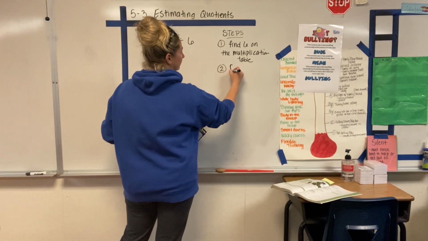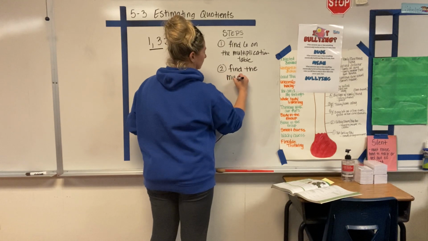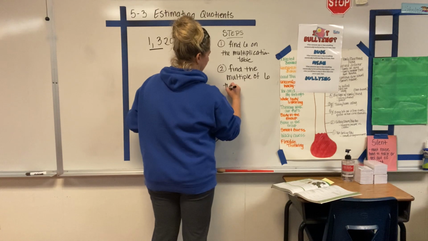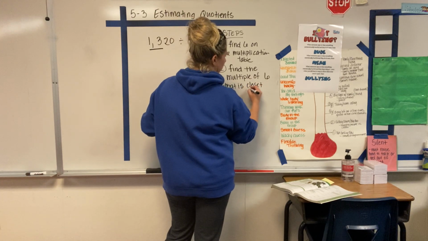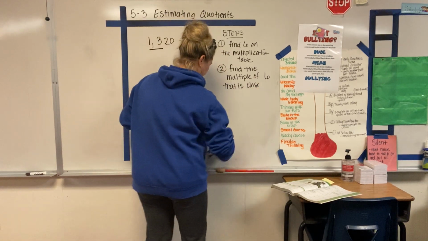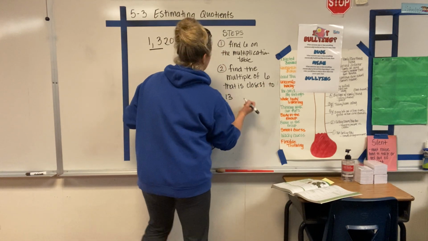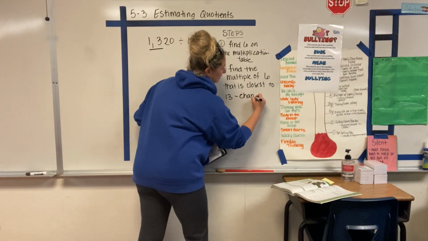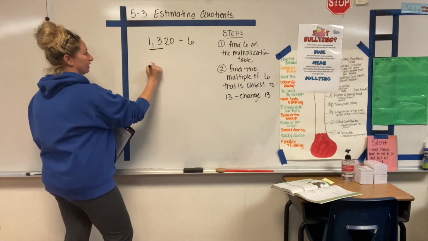So then we're going to say find the multiple of 6 that is closest to 13. Okay, and then we're going to change 13. So I'm going to change 13 to 12.